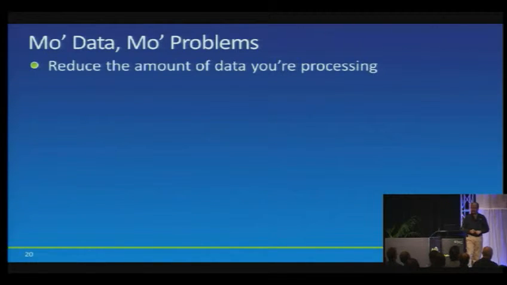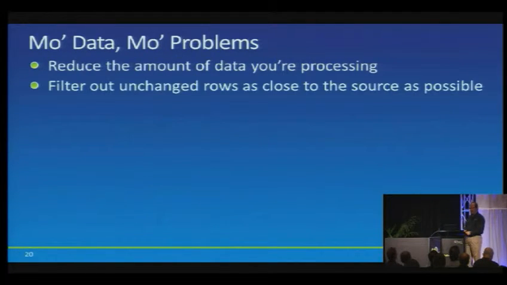So the goal is to reduce the amount of data you're processing. We need to find techniques, and coordinate many times with the source system, to get this smaller amount of data to come across. So we want to filter out any unchanged rows as close to the source as possible. Ideally, I don't even want to get the unchanged rows from the source.